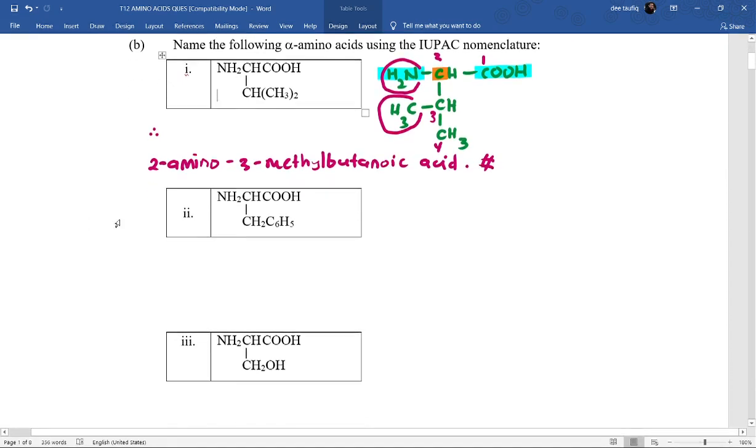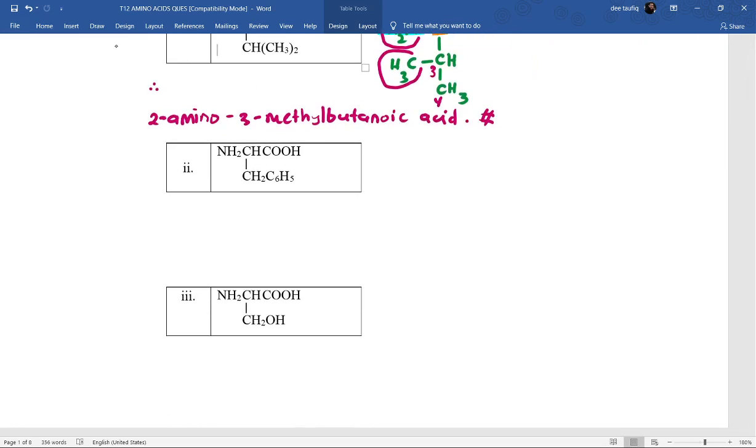Okay. Next question number 2. What we have here is NH2 single bond to CH, single bond to COOH. Then we have our CH2 bonded to benzene ring, C6H5. Carbon number 1 is still the carboxylic acid.